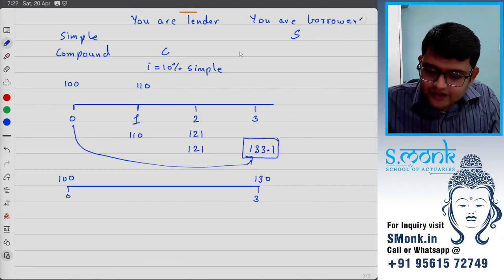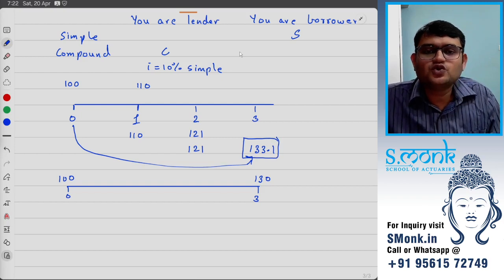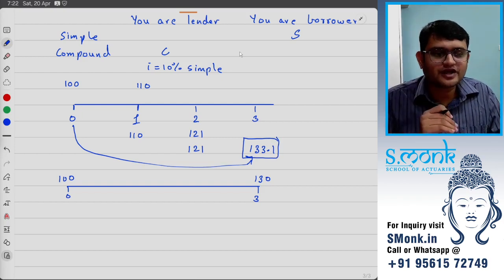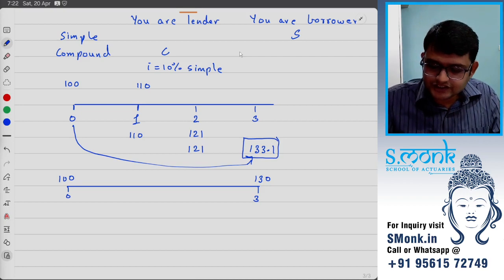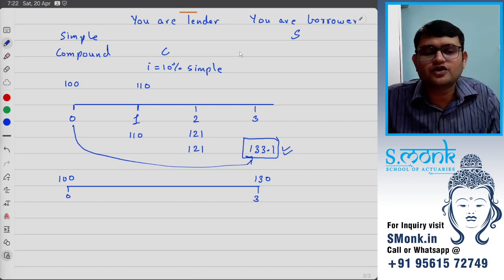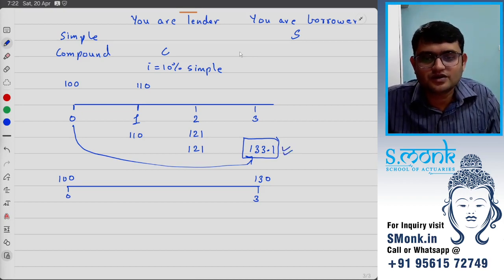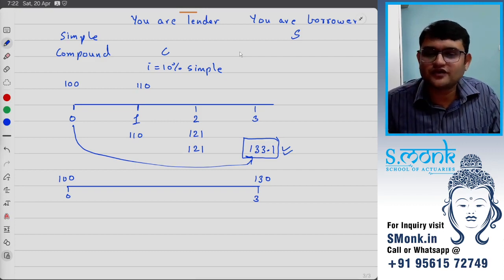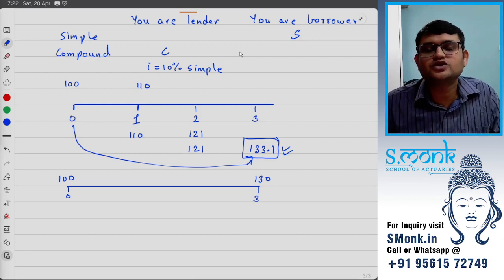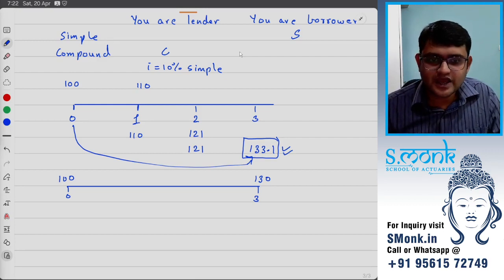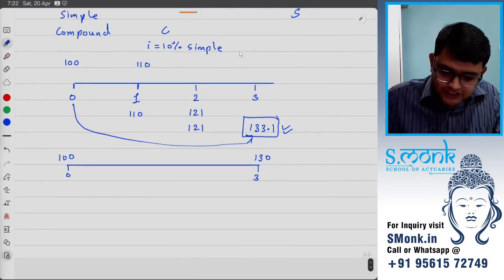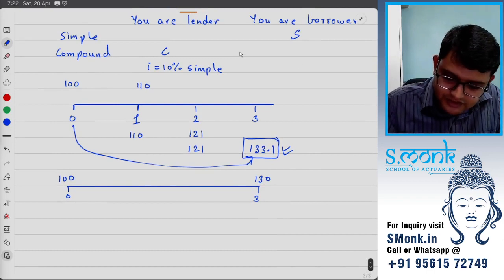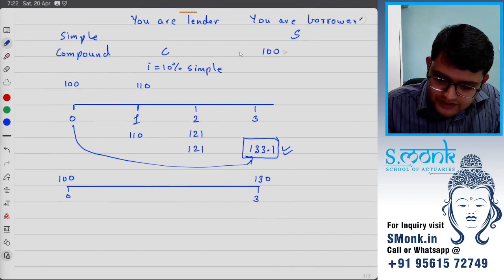So I would prefer, rather than giving you money each year and getting it back, to just pay you this 133.1. And I'll say, don't ask me for money every year, just take 133.1 after 3 years. This is what your calculation says. Right? And if you see what this calculation is, this 100 rupees is my principal.